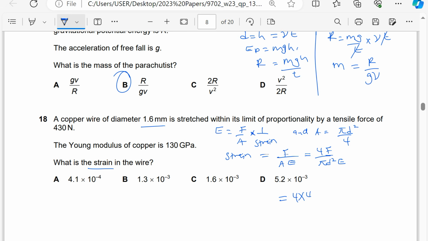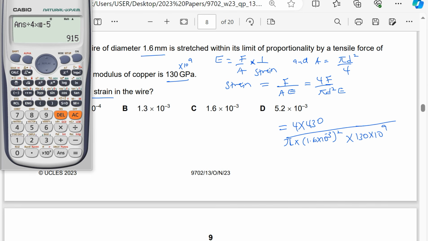So the strain is going to be 4 times the force, 430, divided by pi, and d is 1.6 times 10 to the power of minus 3, but this is squared, then times the Young modulus, which is 130 gigapascals, that is 130 times 10 to the power of 9.